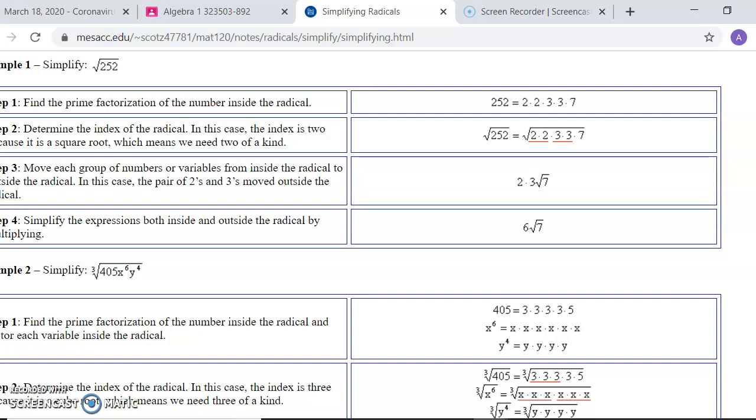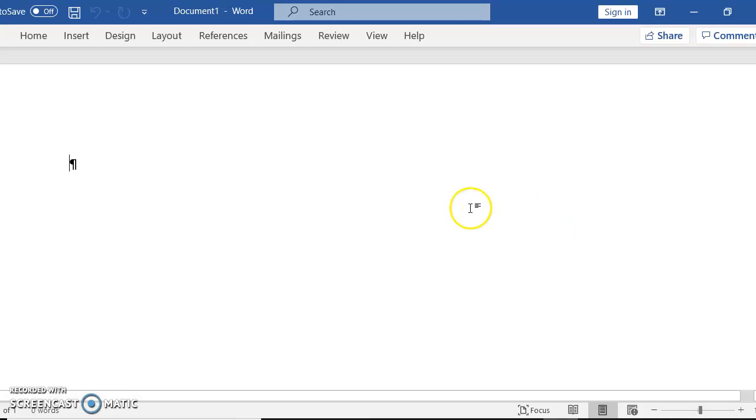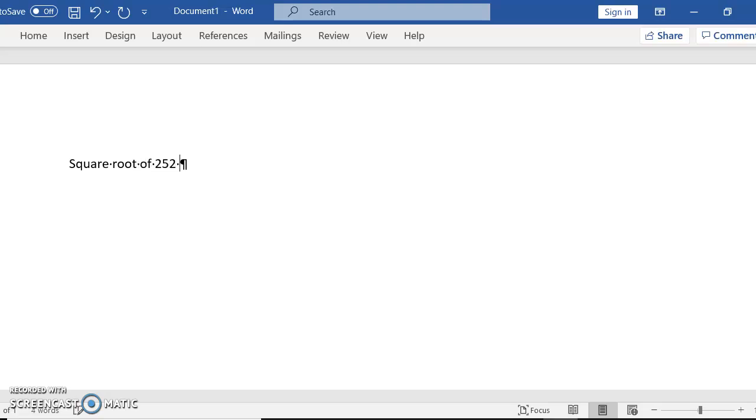So we're going to look at example 1, and we are going to get the square root of 252 and simplify it. And so again, step 1 is to find the prime factorization of the number inside the radical. So I have 252 here.